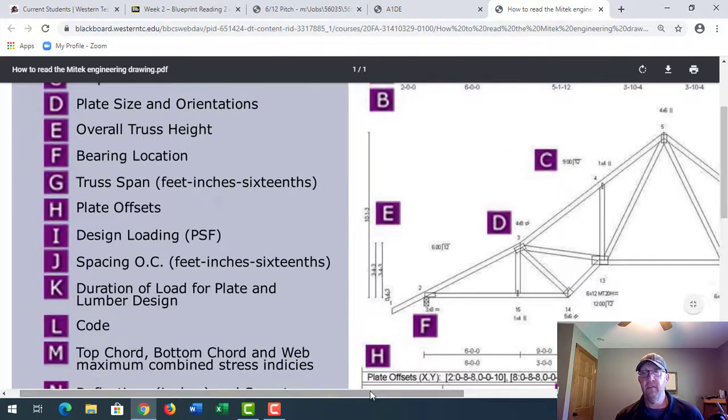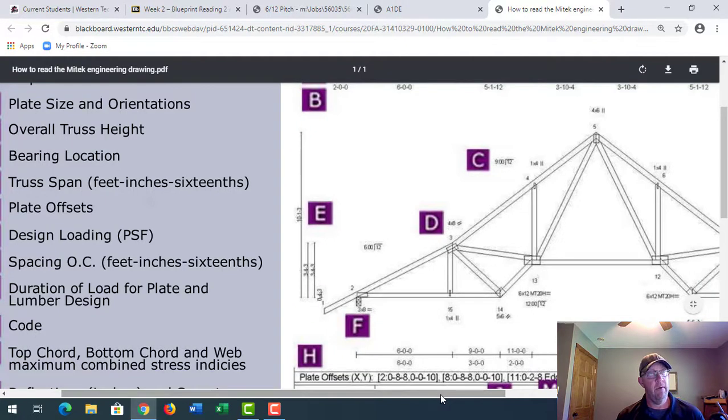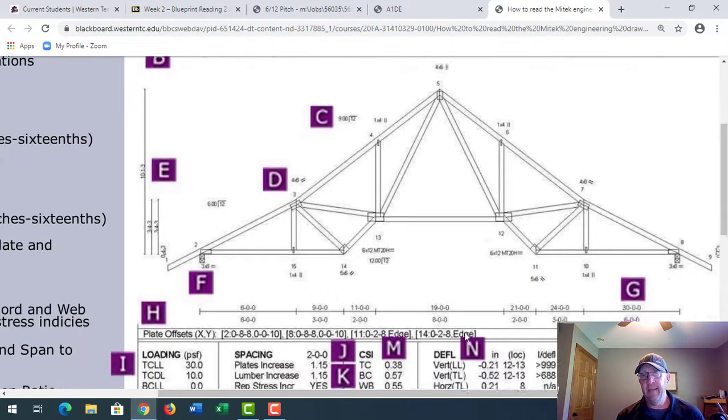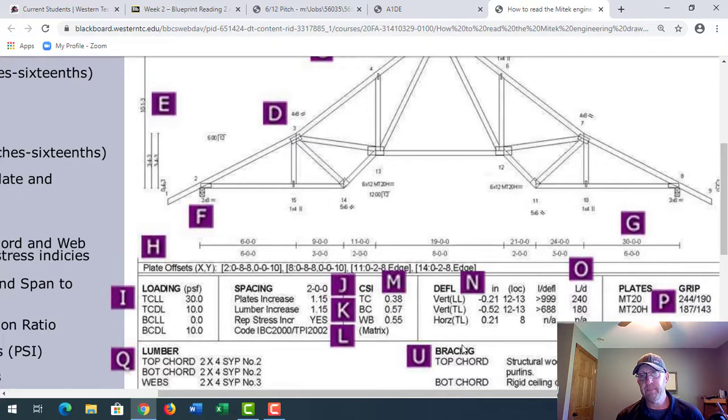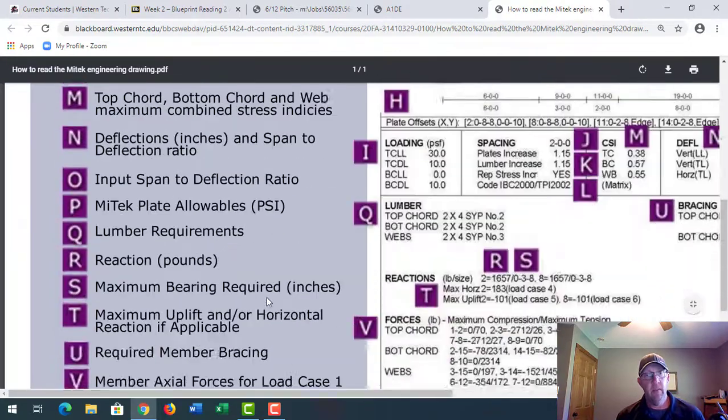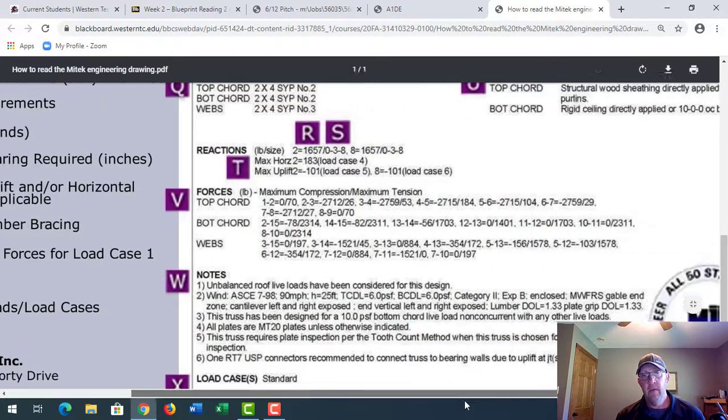Now, what about how much this truss weighs? Is it going to require a bunch of us to tip the thing up if we don't have a crane? So let's figure out where that is. I kind of know certain information here, so we're going to go in this category here. Y, truss weight.